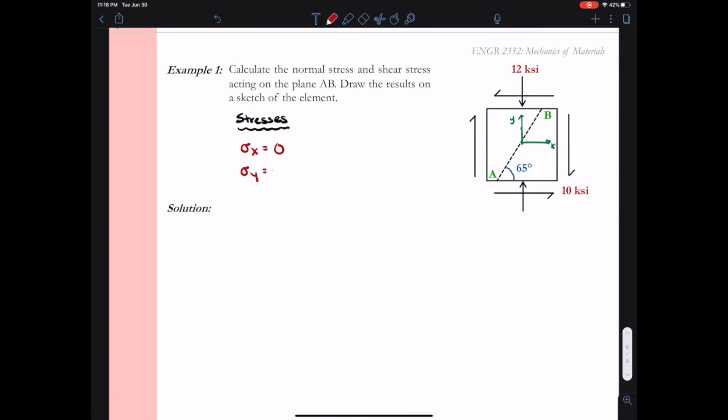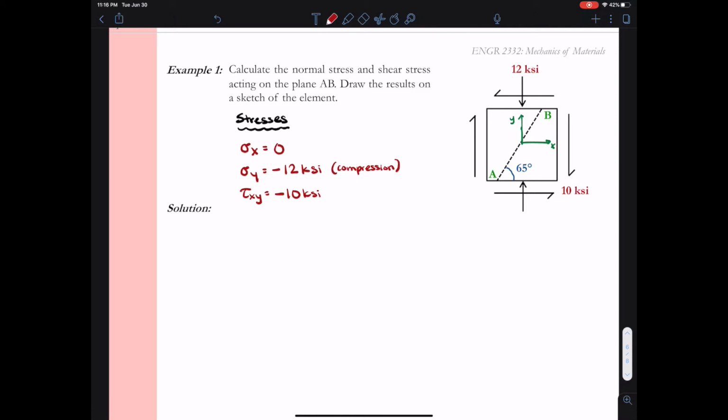So we know that compression is negative, and so I'll assign sigma y to be a negative 12 ksi. Lastly, we have to consider our shear stress, tau xy. And so if I look at the right-hand side of this block, I see that I am on the positive x plane, but that shear stress is moving in the negative y direction. Therefore, it's negative 10 ksi.